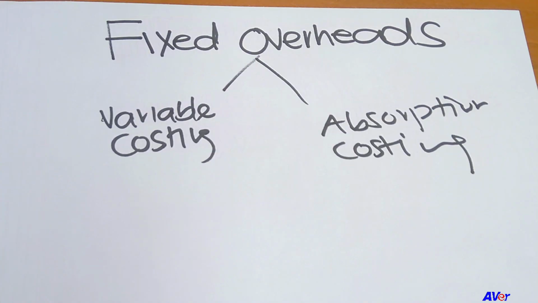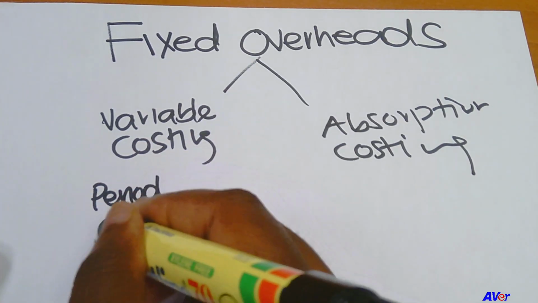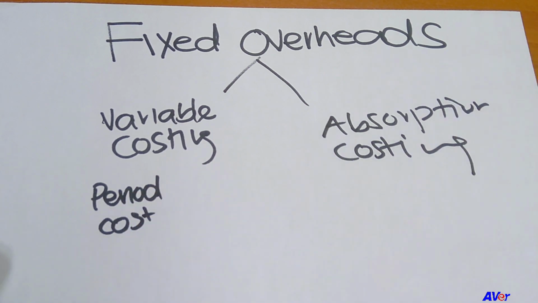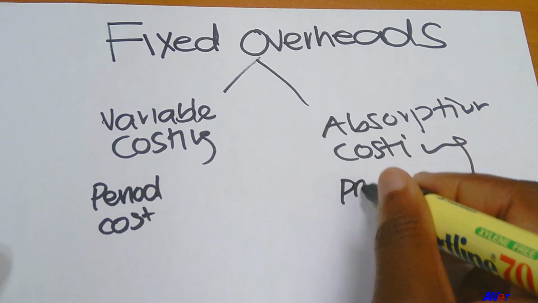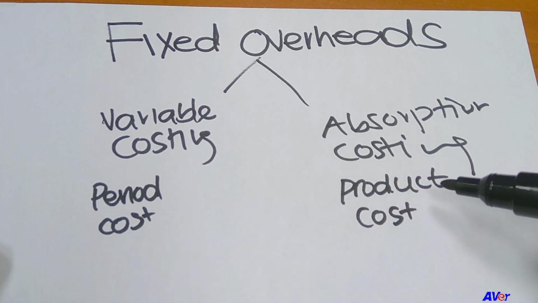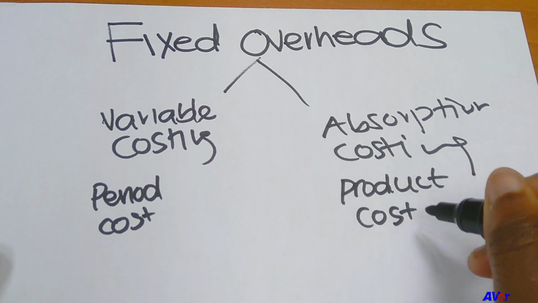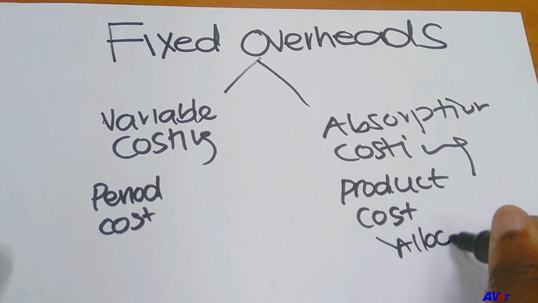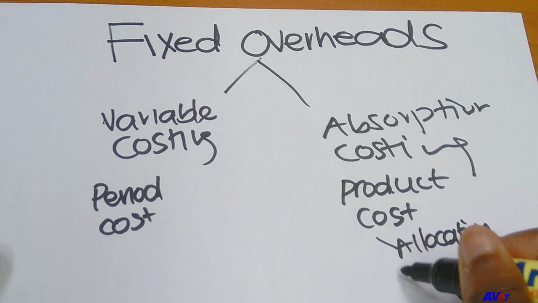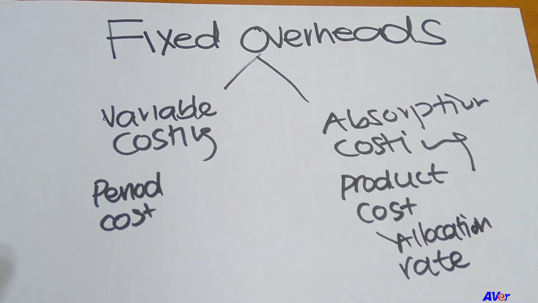We know that in variable costing, fixed costs are treated as a period cost, and under absorption costing, they treat it as a product cost. This means that if they are treated as a product cost, they will have to be allocated to the product, which therefore means we'll have an allocation rate where we allocate our fixed cost to the product that we are producing.